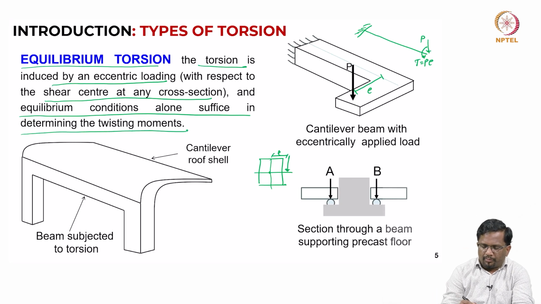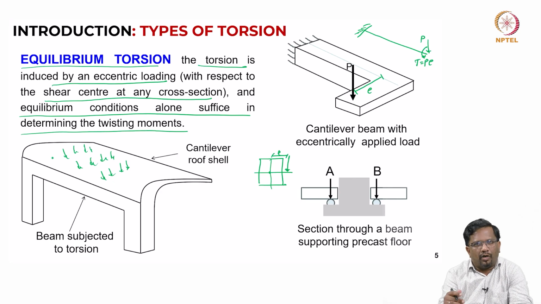One more example is a canopy slab, a cantilever roof shell. All the load that is there, let us say even self weight or the live load that we are considering, how that slab is going to transfer the load to this beam will always be at an eccentricity.